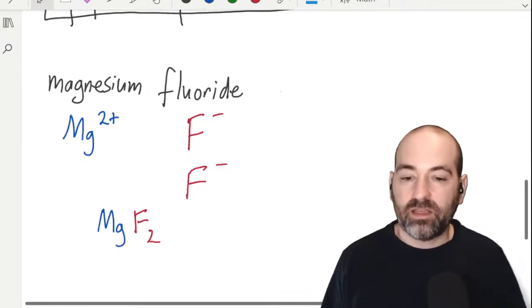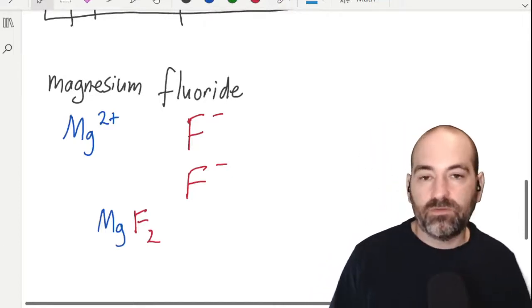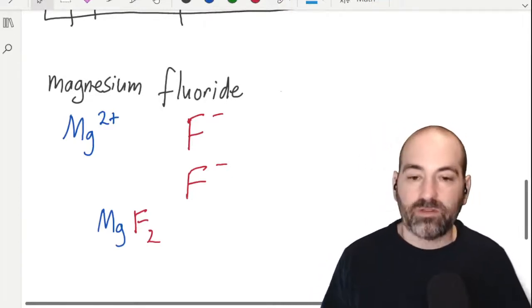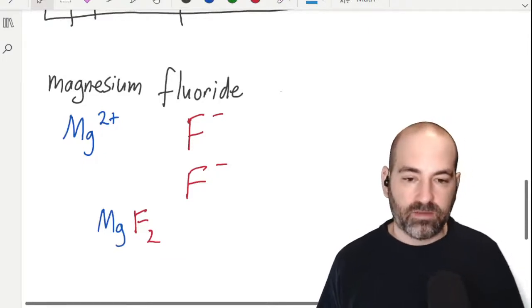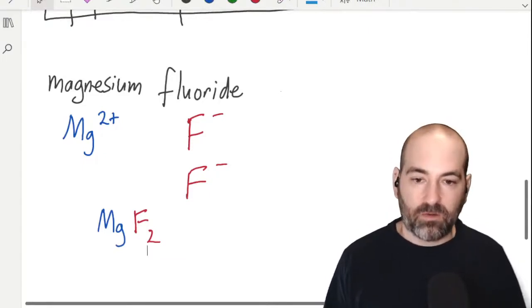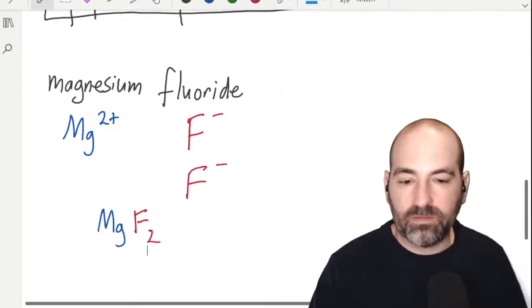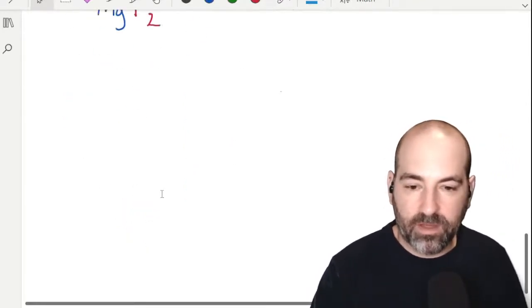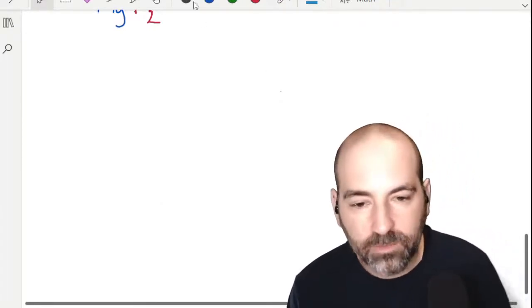So all this is telling us then is the ratio. It's saying that for every magnesium ion, there's going to be 2 fluoride ions. So we have the ratio as the formula instead of an exact count of the numbers. All right, so that's pretty much it in terms of how to put those formulas together. Now we're going to encounter a couple other situations where it can get somewhat tricky.